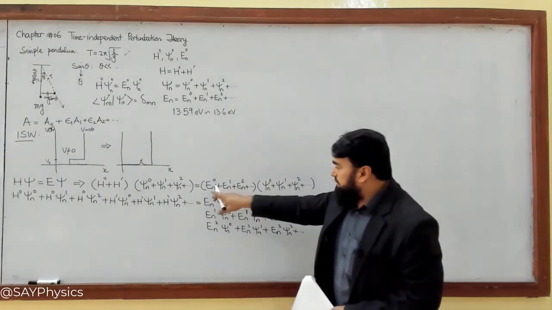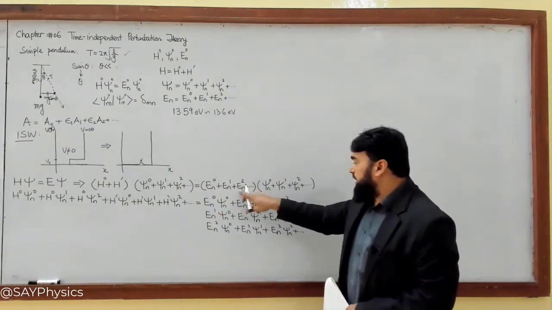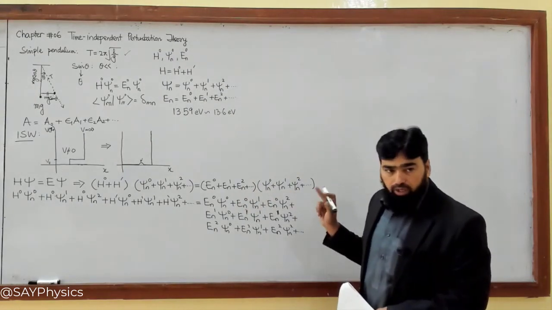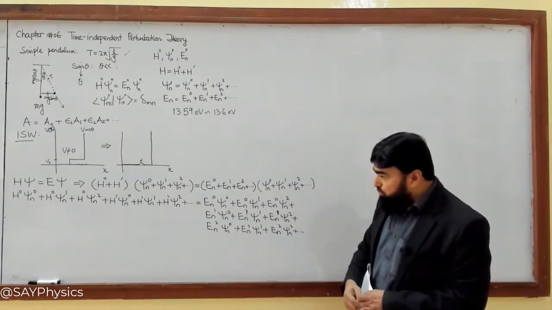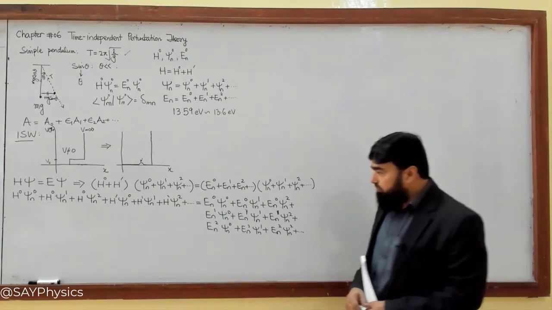So I just multiplied En0 with these three, then En1 with these three, and En2 with these three. And now we just have to look at the terms here.